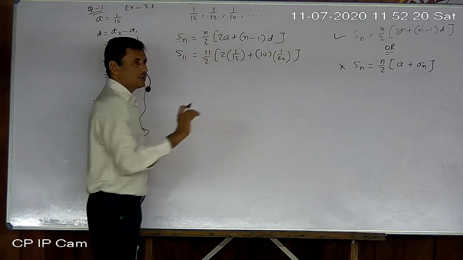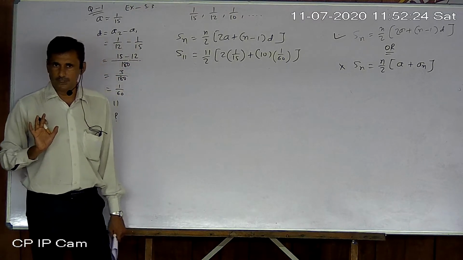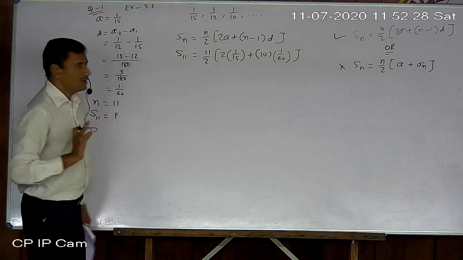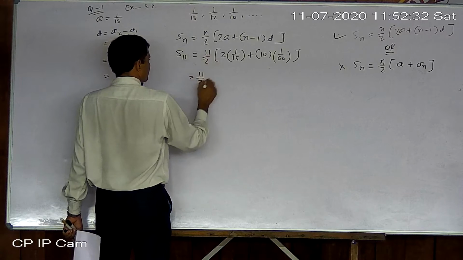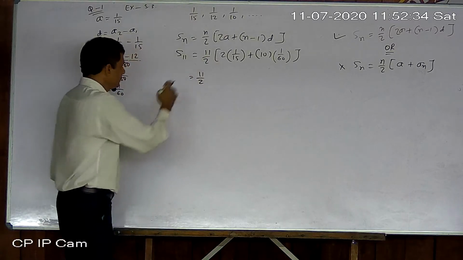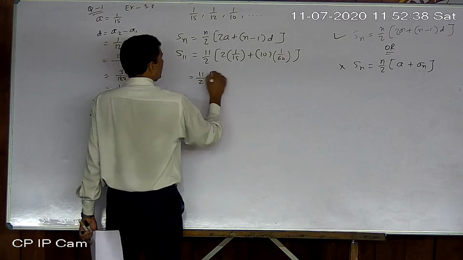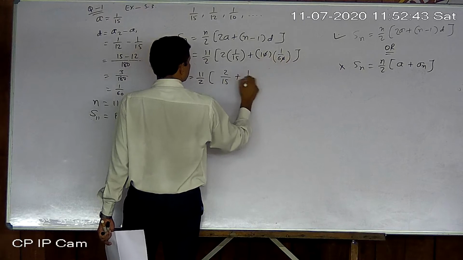Don't get confused or feel it is difficult due to fractions. Be habituated with fractions. Now here 11 by 2 remains as it is, because it is not possible to divide by 2. Now it is 2 by 15 only, again not possible. It is 1 by 6.